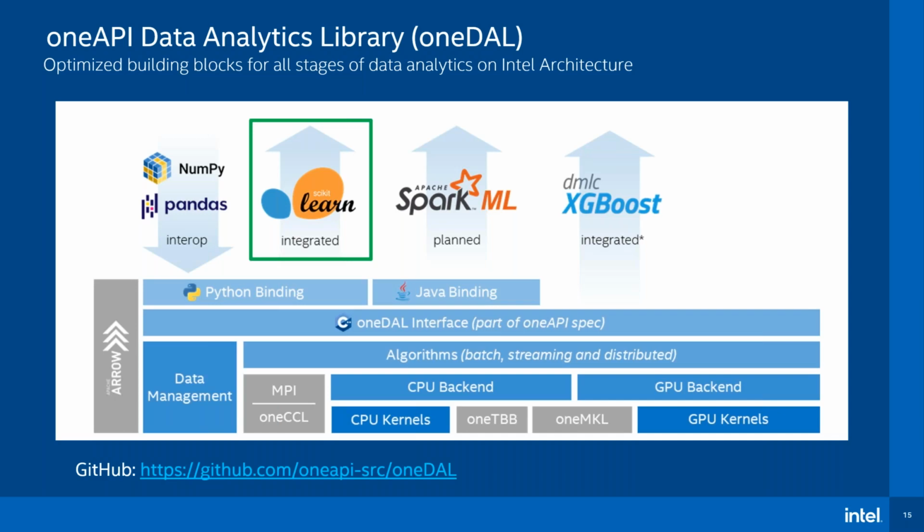And then underneath, you will get the algorithms that are either in batch mode, streaming mode, or distributed mode based on the particular API you invoke, and then target the appropriate backend that you are using, the CPU or GPU backends, and then ultimately invoke the optimized kernels on that particular hardware. So it's extremely straightforward.